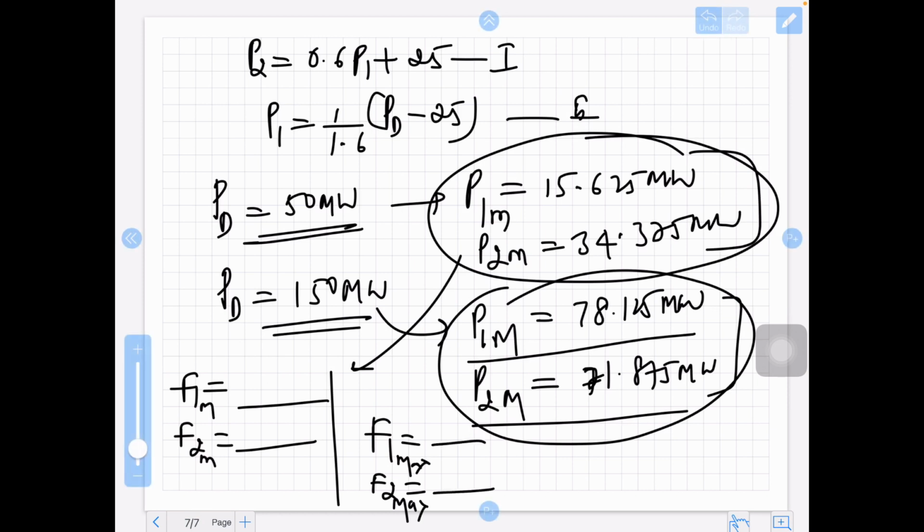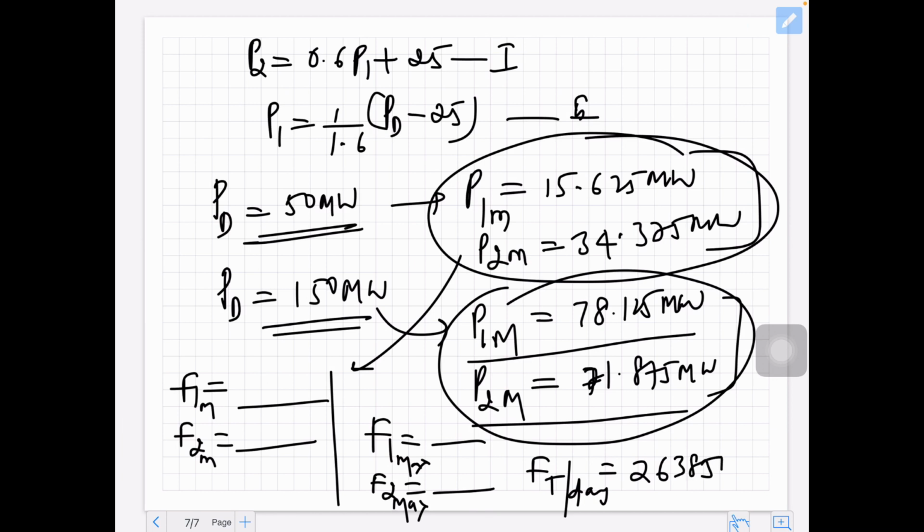When you add these together, you will get the total cost per day. The final answer you will get is 263850 rupees per hour.